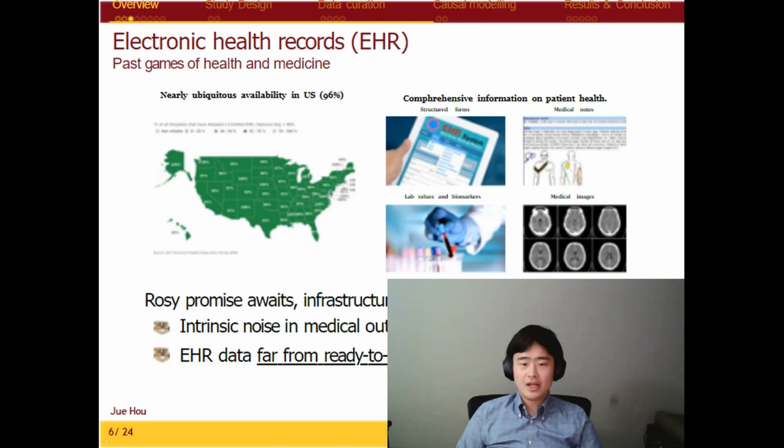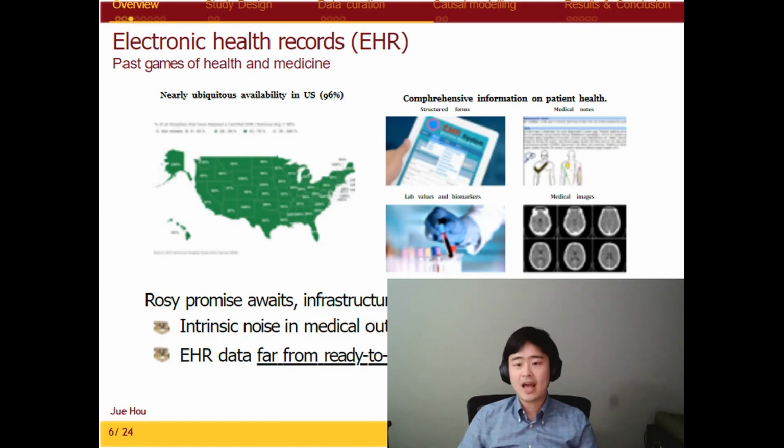And thanks to the ubiquitous adoption of EHR in the United States, almost 96% of hospital systems have EHR already. I think this number is probably growing already from when I collected it.